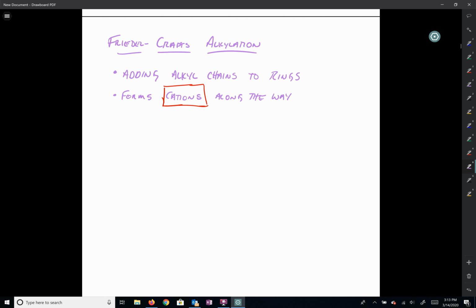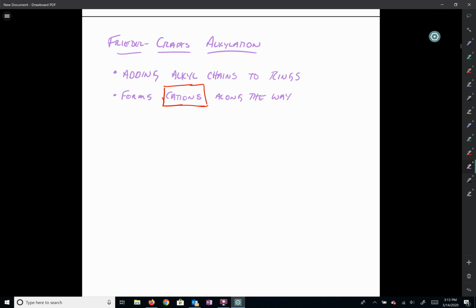I should be careful here. For the most part, one carbocation is the same as the other, all else being equal. What I mean is a tertiary carbocation is the same as a tertiary carbocation under all conditions. A primary cation is the same as a primary cation, everything else being the same.